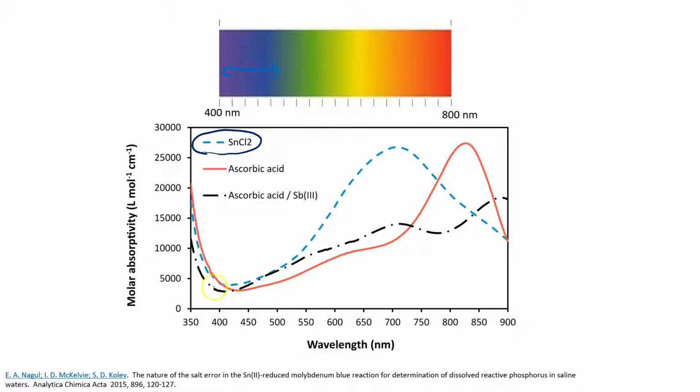There isn't that much absorbance, so molybdenum blue looks blue, but look what happens at these higher wavelengths. That's where we start seeing a lot more absorbance, and because there is high absorbance at these wavelengths, and molybdenum blue absorbs the red, the orange, the yellow, and the green, it doesn't appear those colors. It appears the color blue because it does not absorb there.